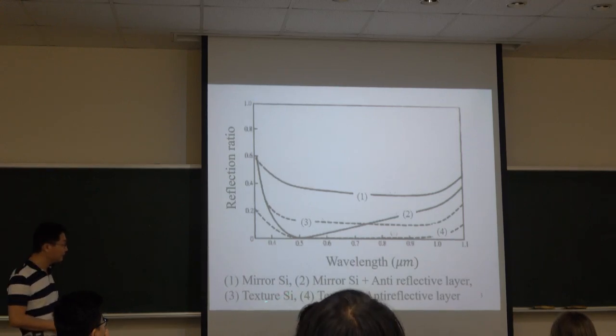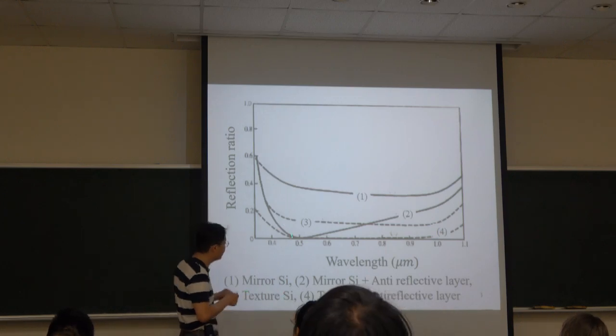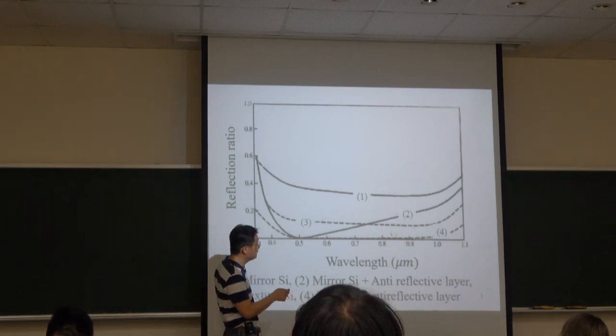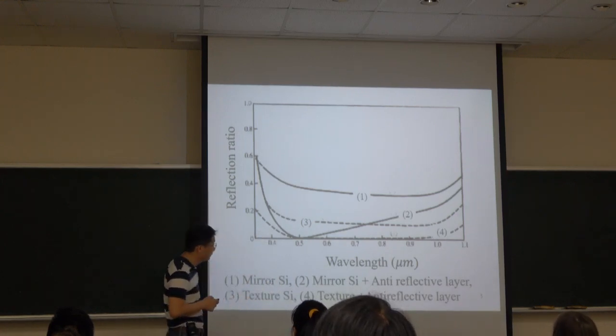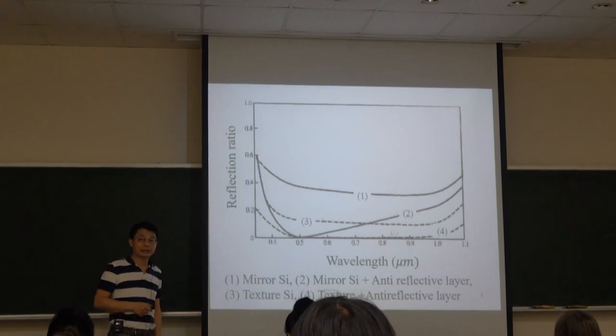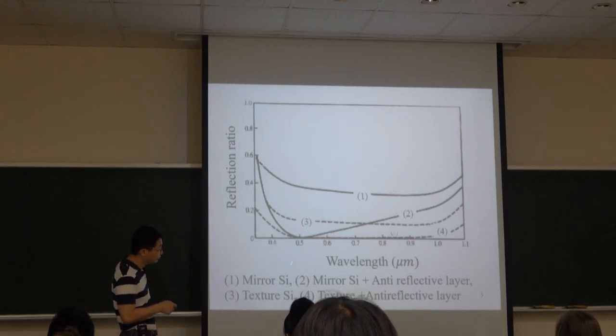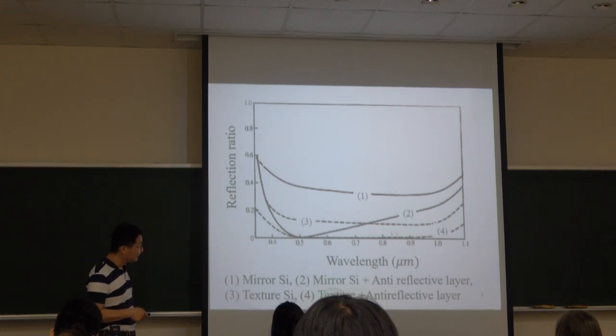In case 3, without anti-reflection coating, you have the tetra surface of the silicon. You can see it can still reduce the reflectance across the spectrum. This is without anti-reflection coating but with the tetra silicon, so you have this spectrum.